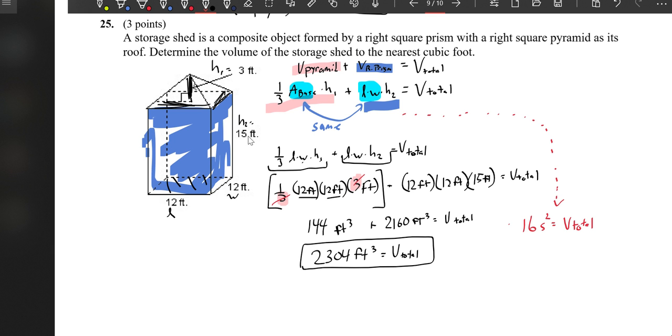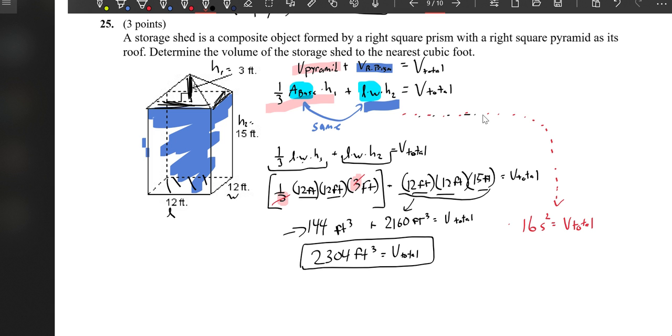And for the prism, I've got 12 by 12 by 15, because 12, 12, and 15 are my length, width, and height. So the pyramid works out to 144, and the prism, sorry, works out to 2,160, both in cubic feet. I add them together, and I get 2,304 cubic feet, which was my answer for my total volume.